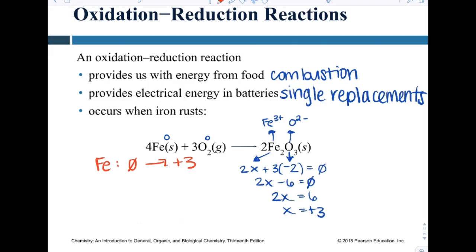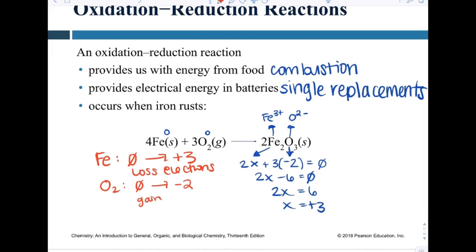If I'm getting more positive, I'm losing negativity, so this is a loss of electrons. Versus the oxygen is going from 0 to -2. If you're getting more negative, you must have been gaining electrons. And so I can think about where my electrons are being lost and where they're being gained in this reaction.